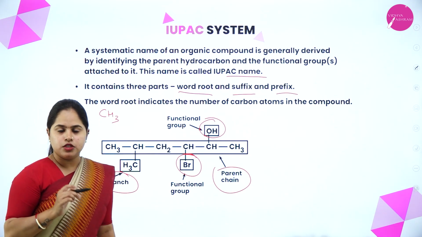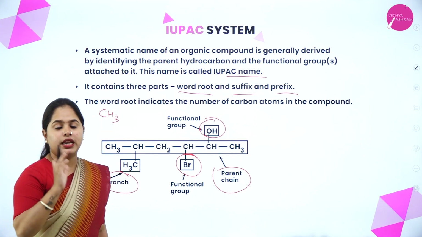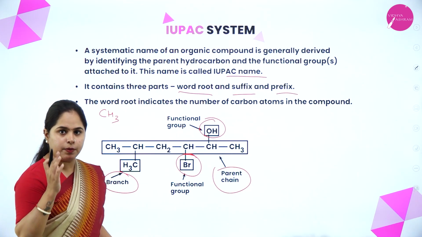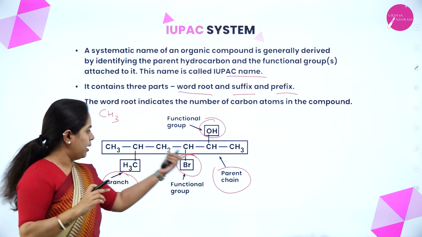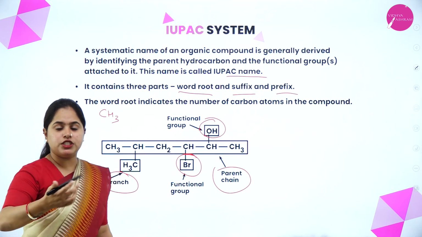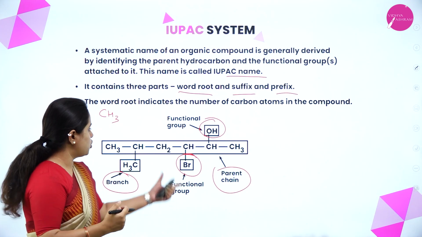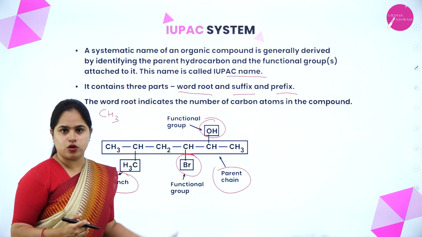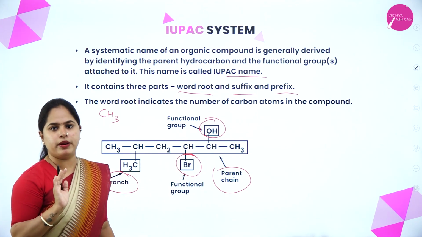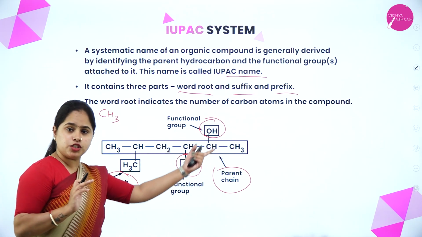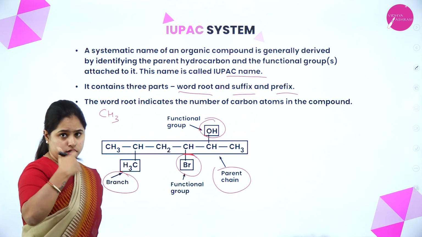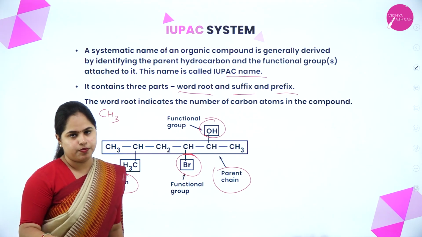So this is how the three parts are present. There will be a parent chain, there can be a suffix, there can be a prefix. Which one will be the prefix and suffix, we will discuss in detail now. I hope it is clear. There can or cannot be branches present, and there can be functional groups present, and methyl or alkyl groups can also be present.